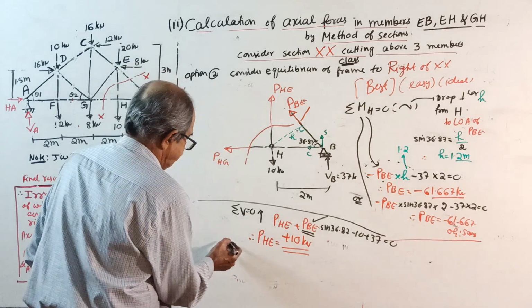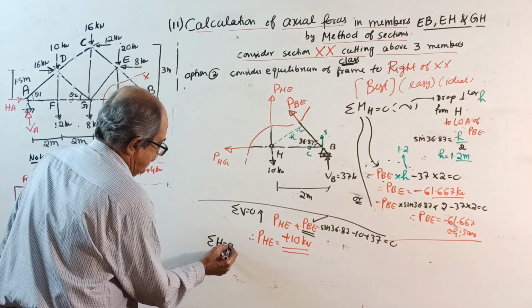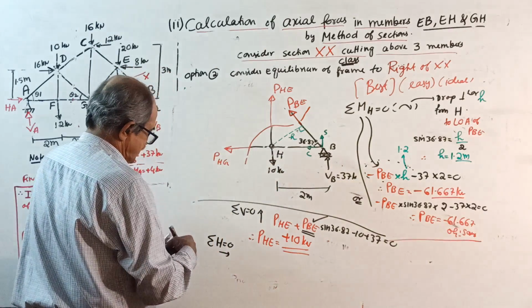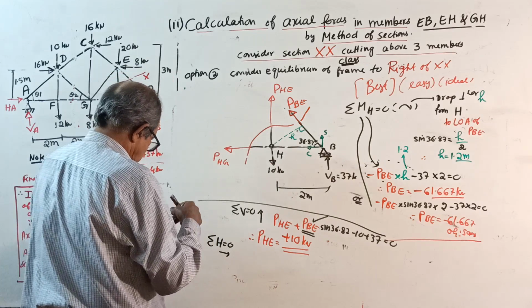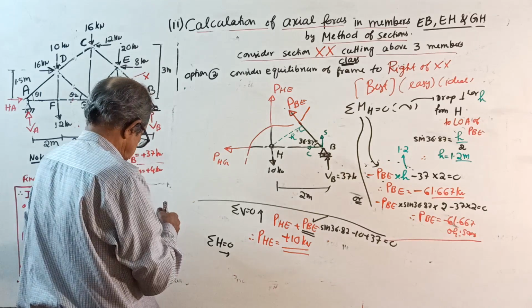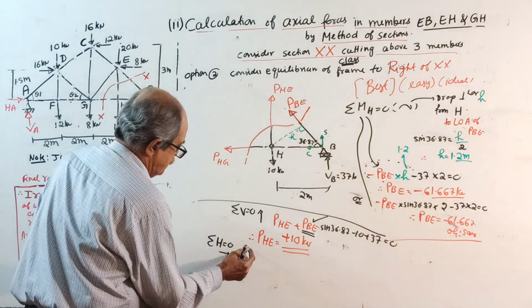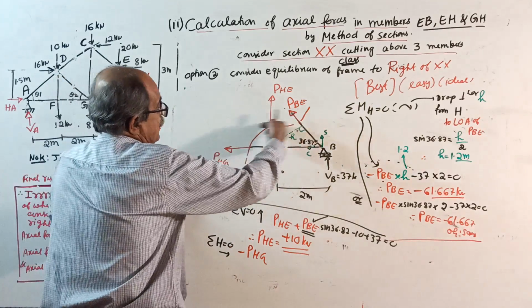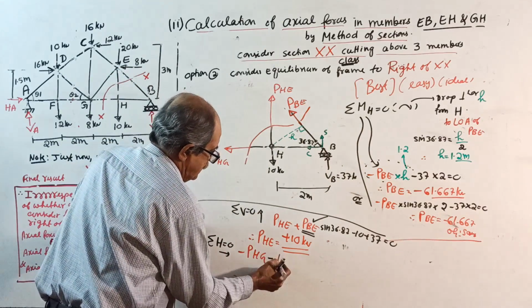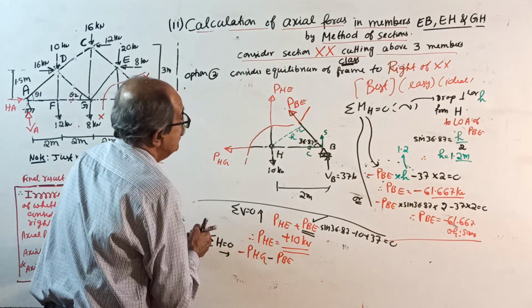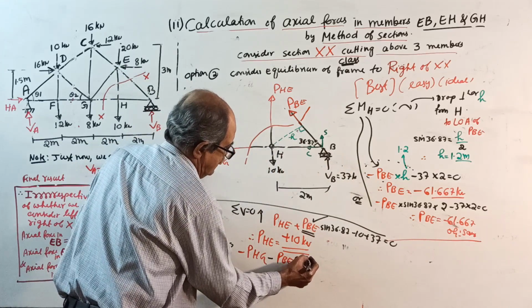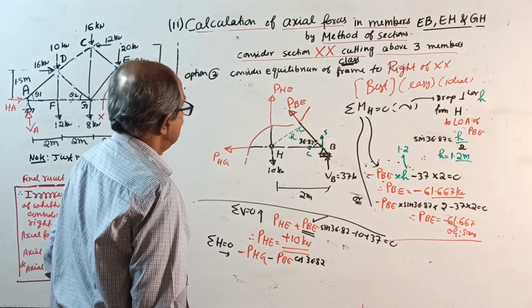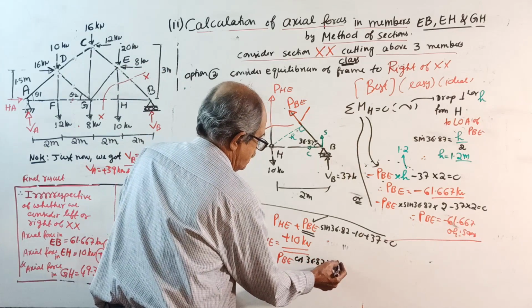Lastly, sigma H equal to 0, take right side positive. Unknown first. Minus PHG, see here, red color unknown, I always use red color. Minus PHG, minus PBE cos 36.87, then anything else? Nothing else, equal to 0.